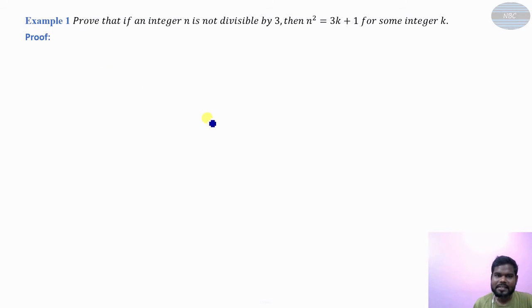Okay, let's come to an example. We have to prove that if an integer n is not divisible by 3, then n square is equal to 3k plus 1 for some integer k. So this is the initial statement P: an integer n is not divisible by 3.